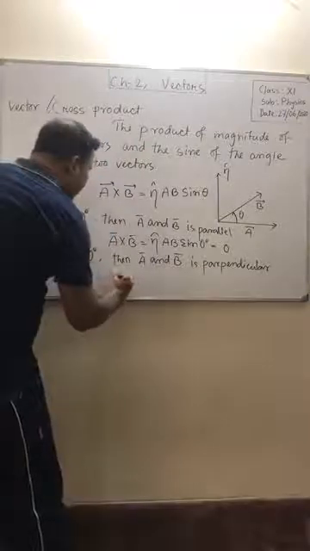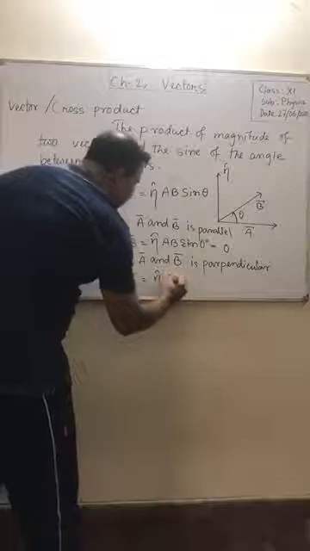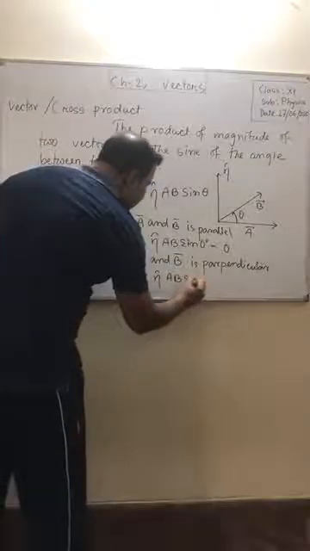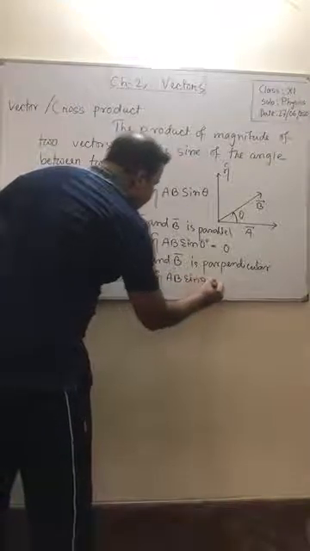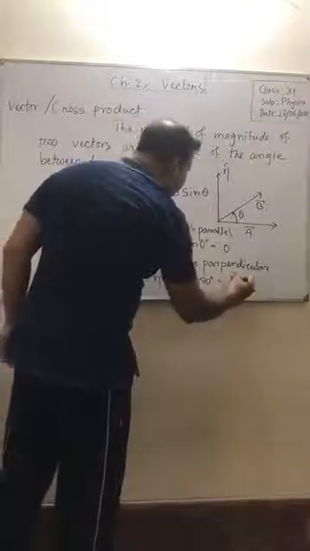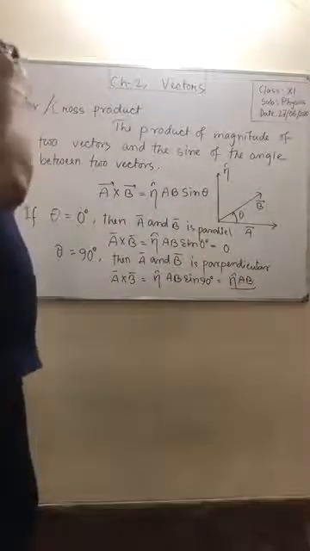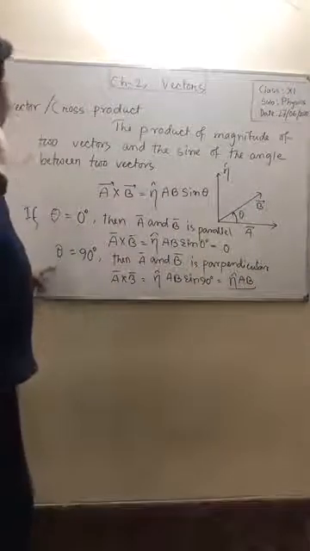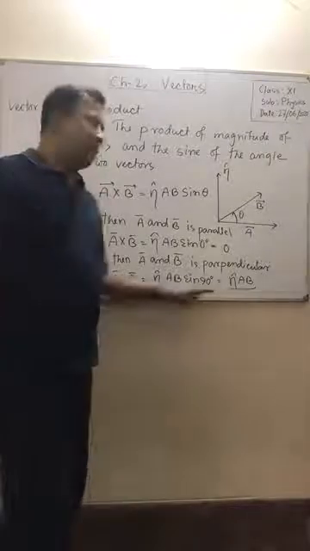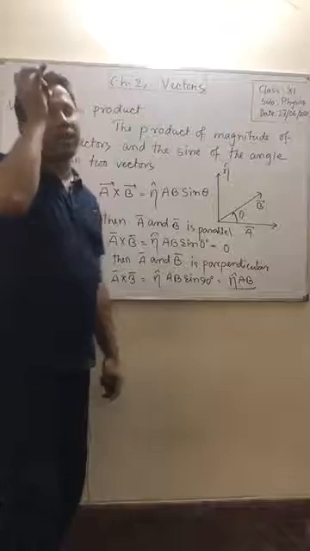So A cross B comes to eta AB sine 90 degree. Sine 90 degree value is 1, so it comes to eta AB. That means it is perpendicular. If theta equals 90 degree, that is perpendicular, this value is not 0, but it maintains one condition in a 3-dimensional Cartesian space.